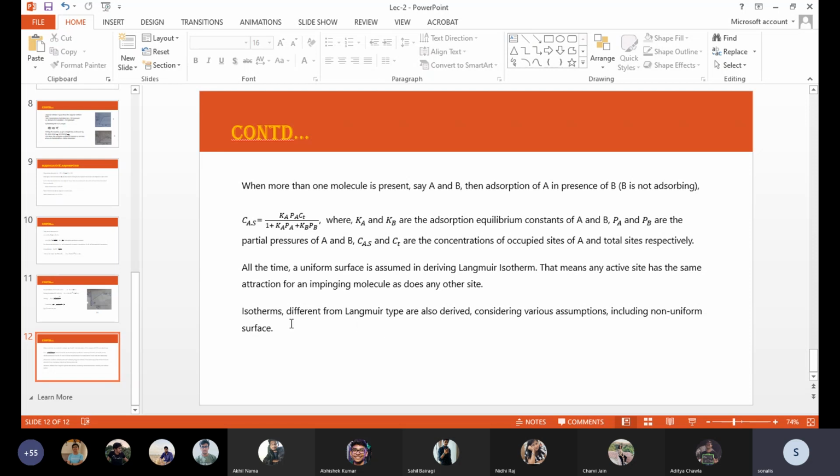Except this Langmuir isotherm, other isotherms are also there, considering various assumptions including non-uniform surface, etc. Here we have considered uniform surface.